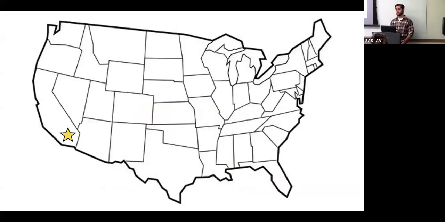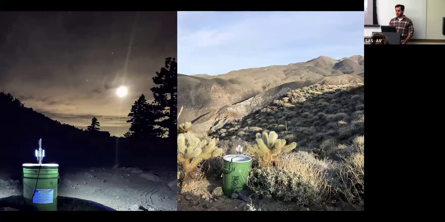I did a lot of this research in my dissertation at the University of California, Riverside, where I took my little homemade light traps that are literally just a light attached to a bucket, and I went out into a bunch of different ecosystems in Southern California at night, and I set out these traps, and they collected moths. Here you can see the deserts all the way up to the mountains on the left side.